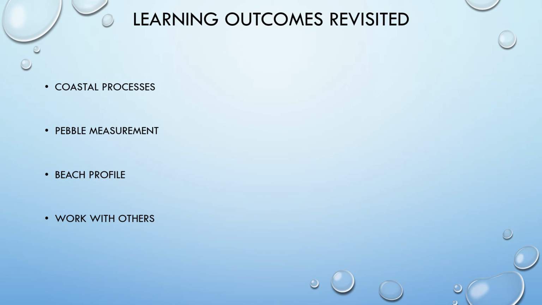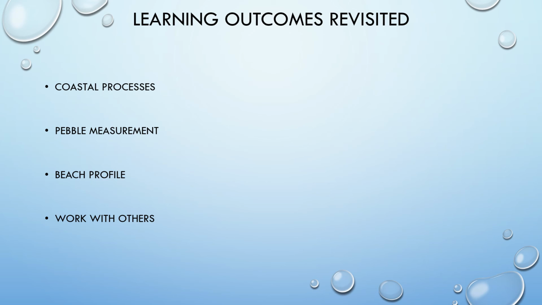To revisit our learning outcomes, after this field study, we will have achieved the learning outcomes outlined at the beginning. We will have identified coastal processes such as longshore drift and corrosion. We will know how to measure pebbles and identify them according to their size.